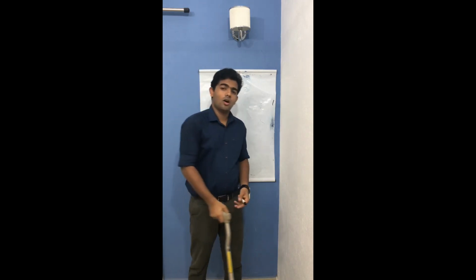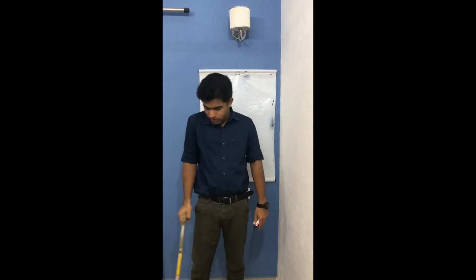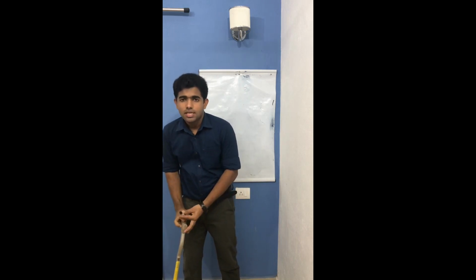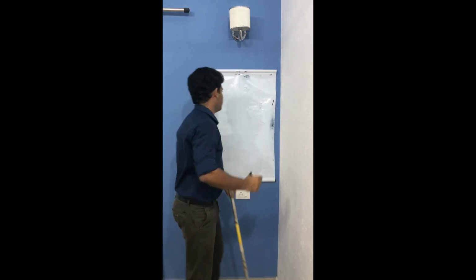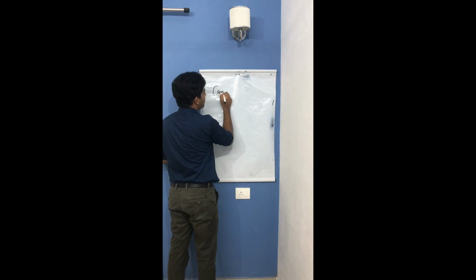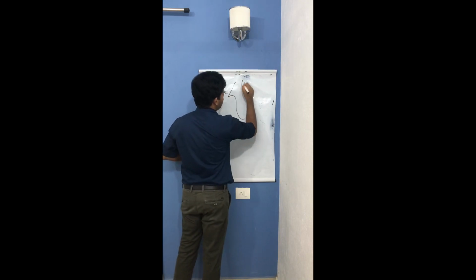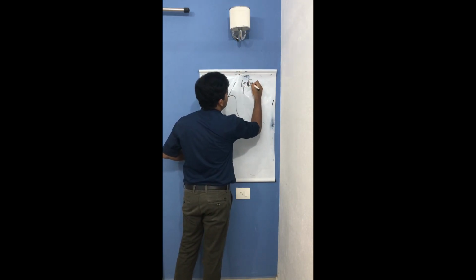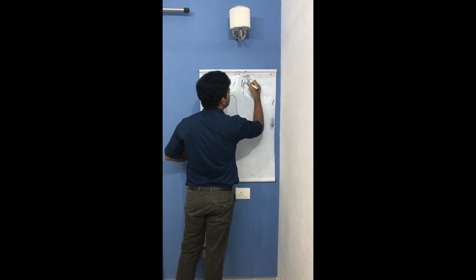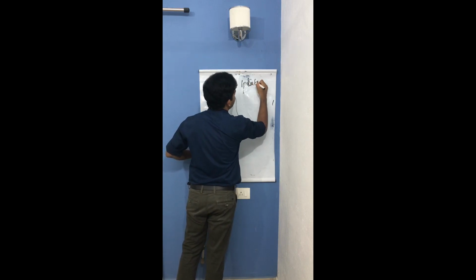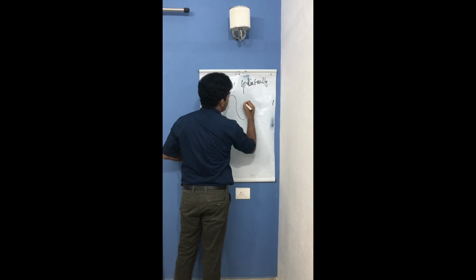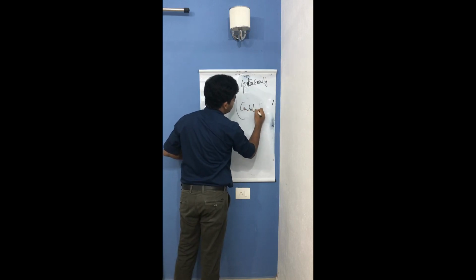You have two ways of utilization. You can either use the cane on the painful side or on the opposite side. This is known as ipsilateral utilization. This is known as contralateral utilization. So you can advise the patient to have the cane ipsilaterally or contralaterally.